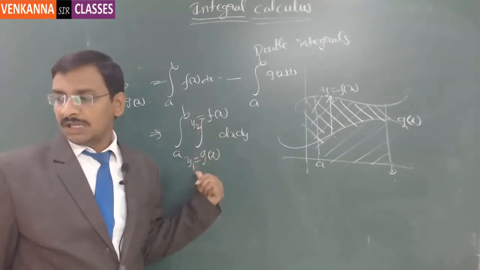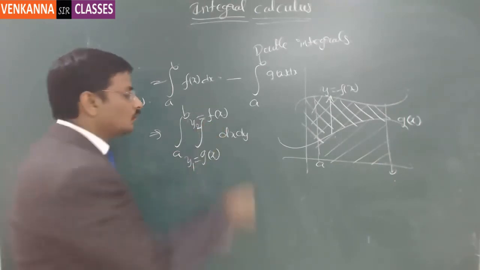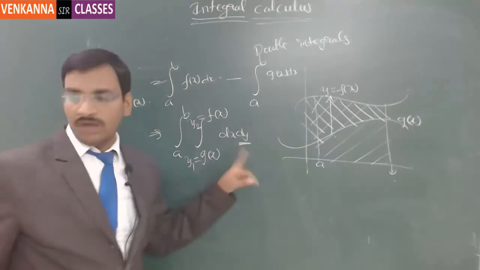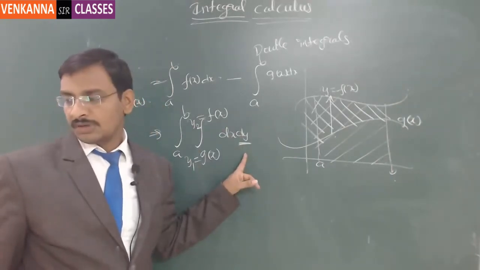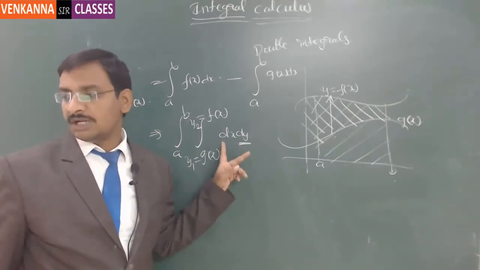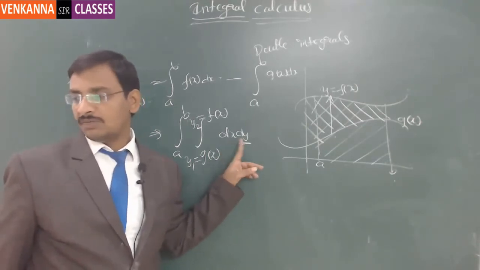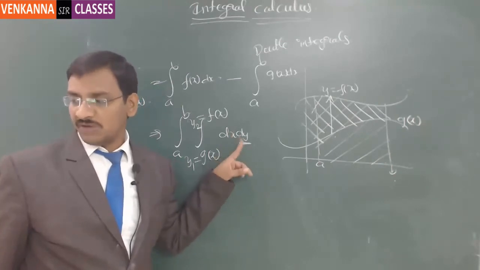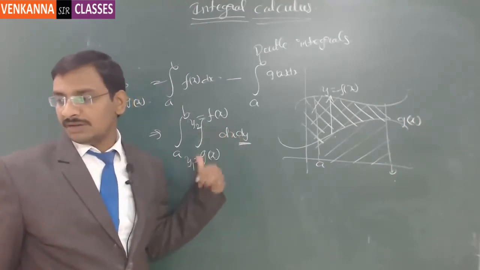That means if y equal to is given, you need to do the integration with respect to y first. Got it? There can be confusion about which one to do first, whether the integration with respect to x or y. So you have to do it with respect to y. Why? Because the limits are given in y here.